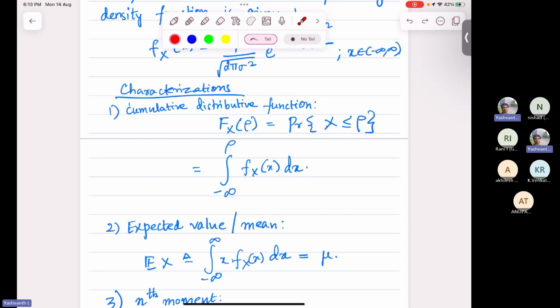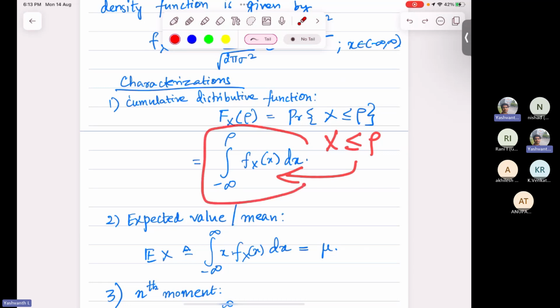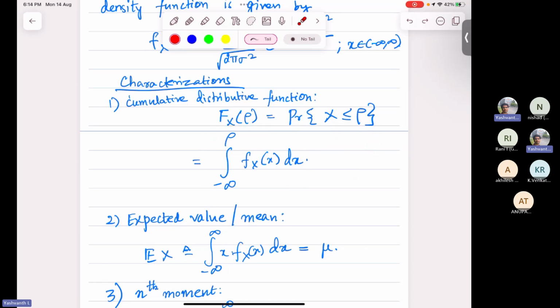This is the way to compute the probability of any event. In particular, for the event x less than or equal to rho, this is the value of that probability, which is called the CDF. Cumulative distribution function is also called CDF in short.